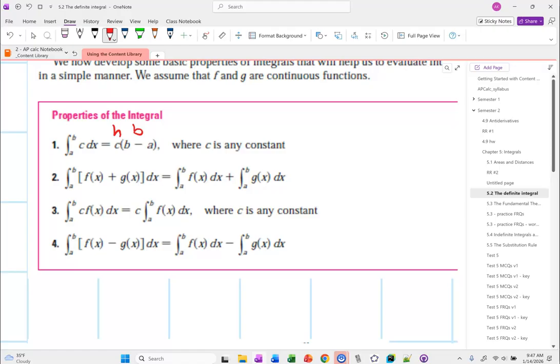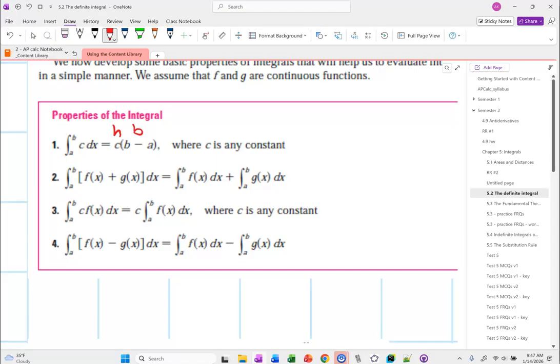That's only if it's a constant. The base is A to B, so B minus A, and the height is C. Basically, all you're talking about is a rectangle.